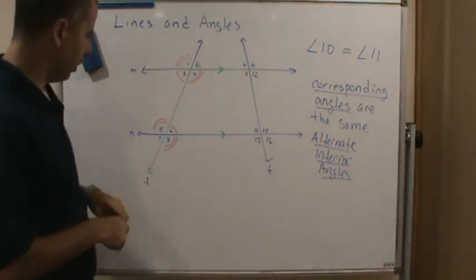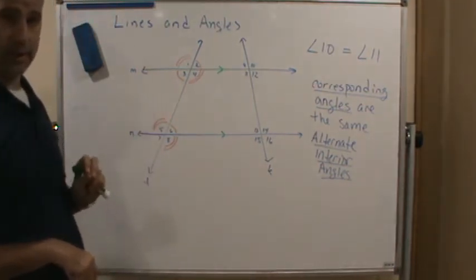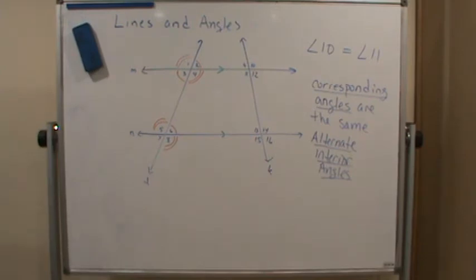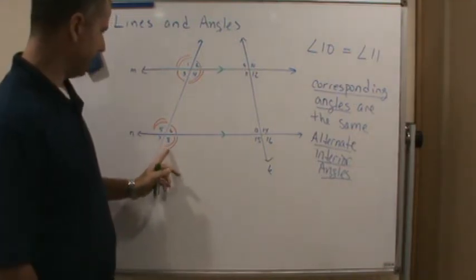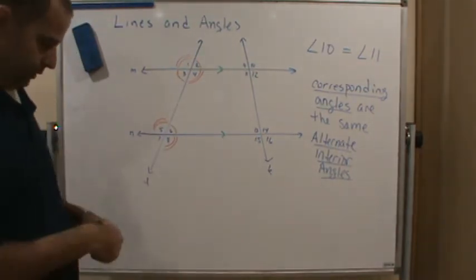So we would call angle 6 and angle 3 alternate interior angles. We would call 8 and 1 alternate exterior angles.